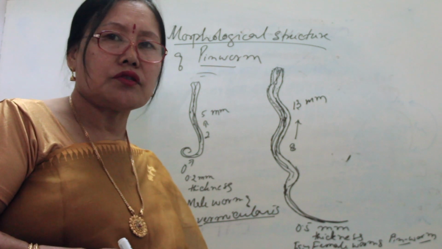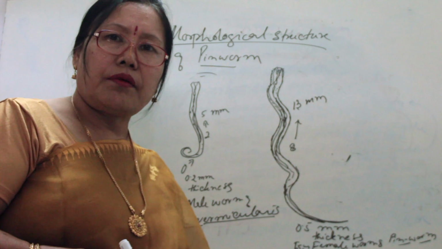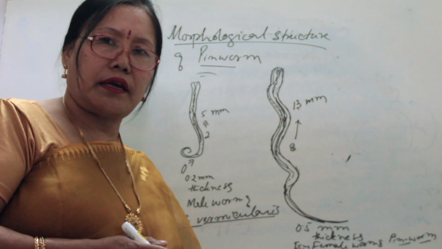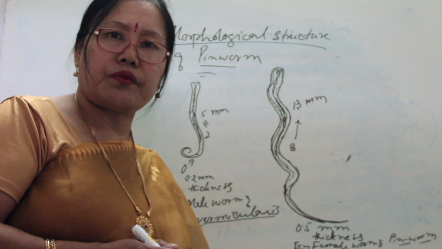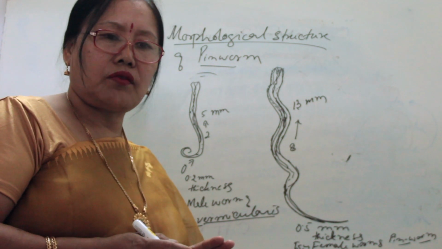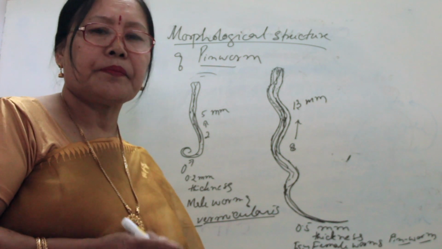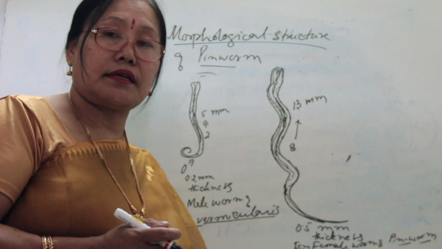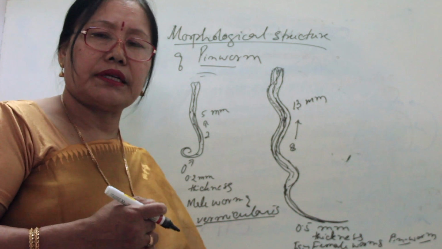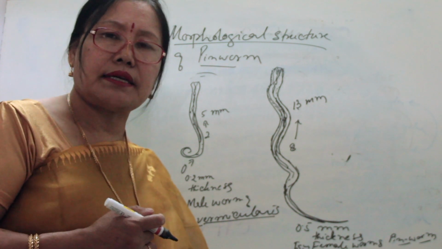So here we discussed the different structures present in the life cycle of Enterobius vermicularis, commonly known as pinworm. We discussed their eggs. There are two different types of egg: one is the freshly released egg present in the environment, and the other is the developing stage egg, inside which the developing larva is present.